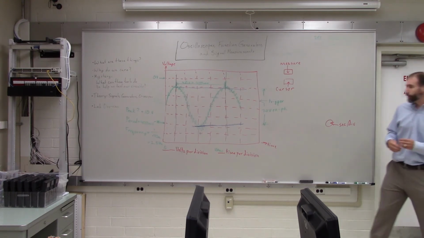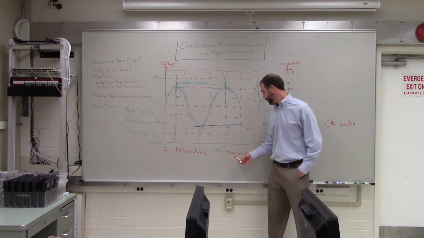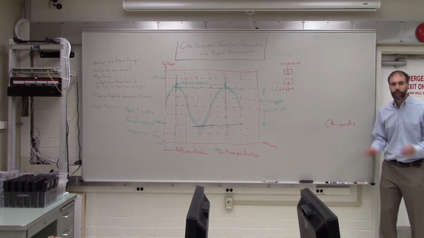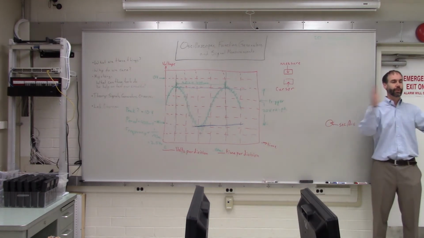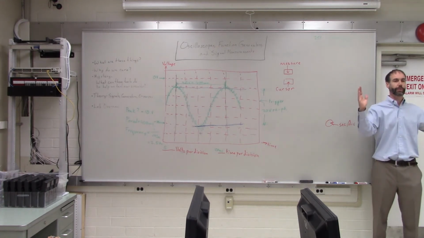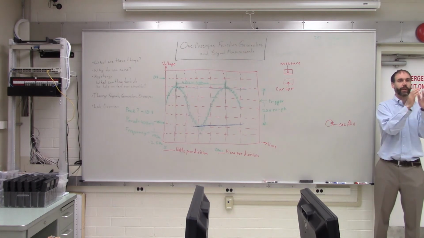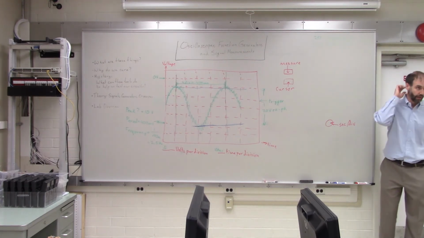And this adjusts the number of seconds or milliseconds that you have per division. You could also think about this like zooming in and out in the horizontal direction. So if you turn it one way, it's like zooming way in. If you turn it the other way, it's like zooming way out.